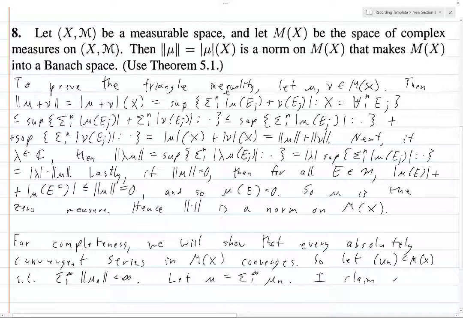I claim μ is a complex measure. Because certainly, if the series converges, then in order for it to converge in Mx, we just need to prove that this series itself satisfies the condition of being in Mx.